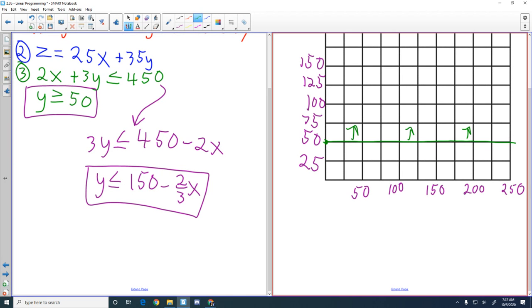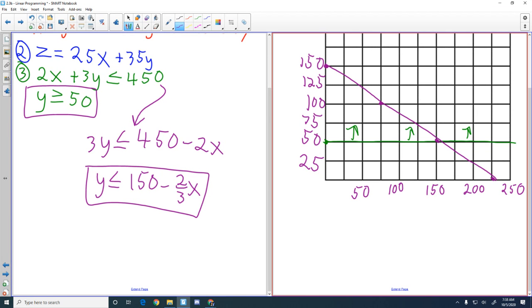Then we just have that second constraint dealing with the number of hours we have available in the bakery. So I start at 150, put a dot. My slope is negative 2/3. So I go down 2, right 3, down 2, right 3, down 2, right 3. And there's going to be a solid line because it's an or equals to. And it says less than.